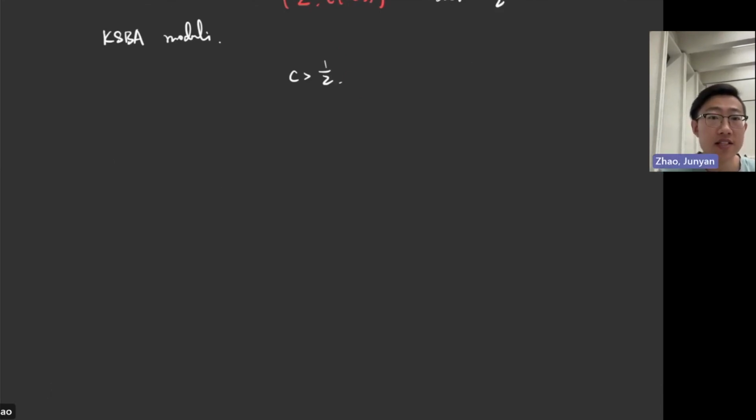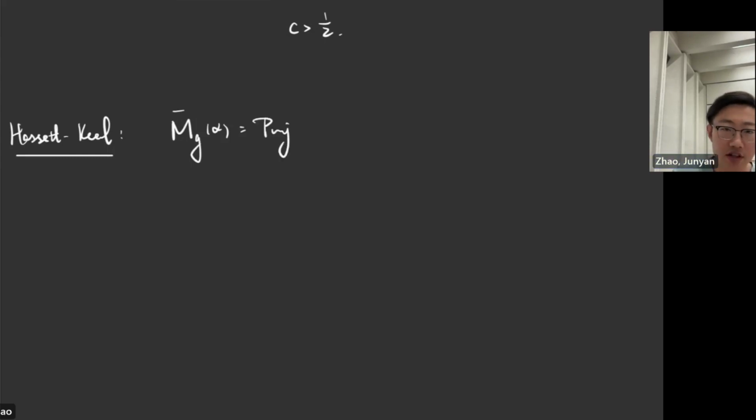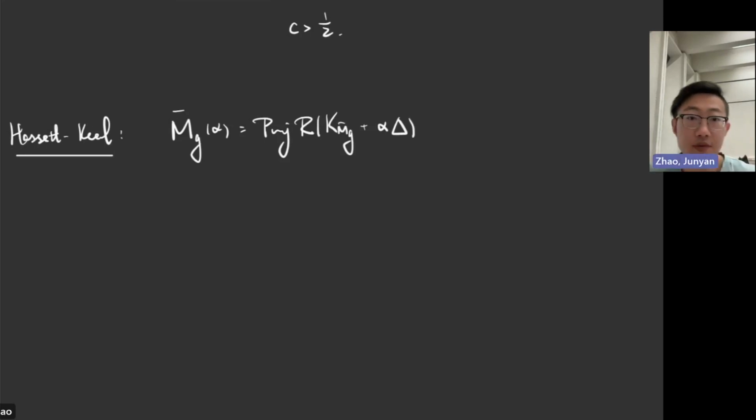Okay, in the last 5 minutes, I can tell you some relation of this moduli space to the Hassett-Keel problem. Remember, we have our Hassett-Keel problem given by M_g bar of alpha, equal to the Proj of the section ring of the canonical plus alpha multiple of the boundary divisor.